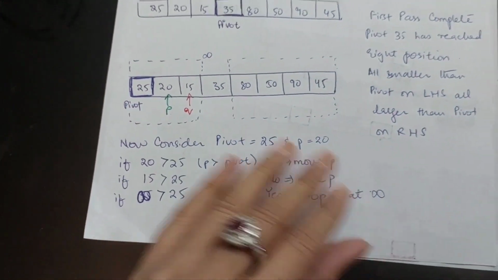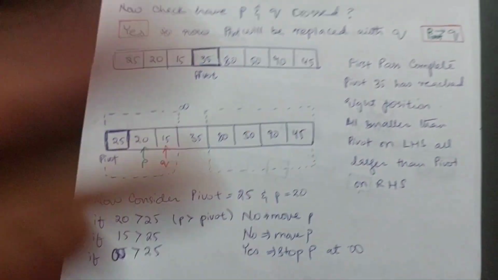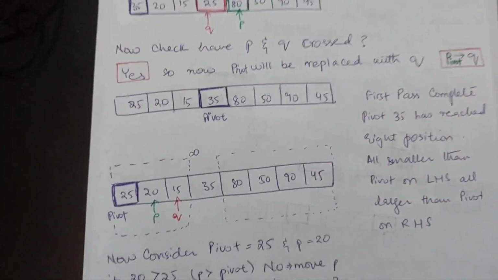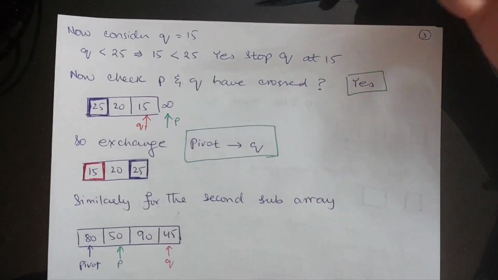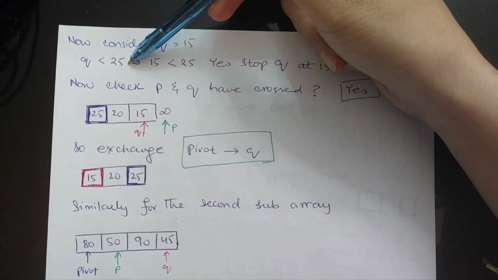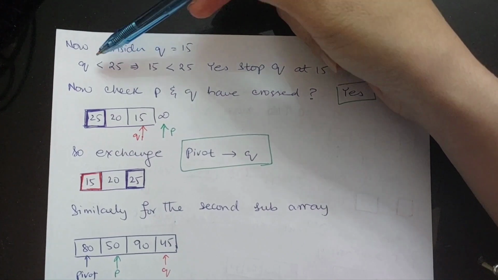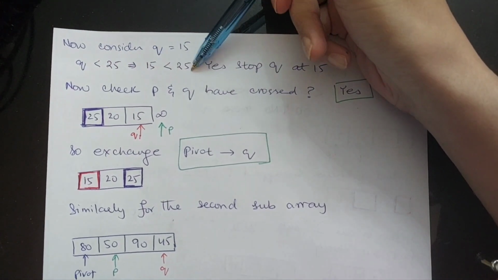Okay, so now let's start doing the same process for q. Is q smaller than 25? Because you know 25 was your pivot. So is 15 smaller than 25?